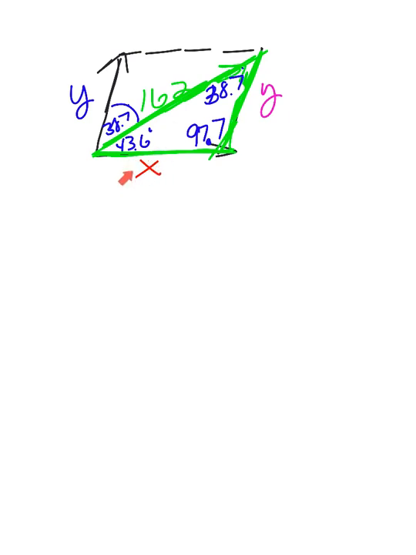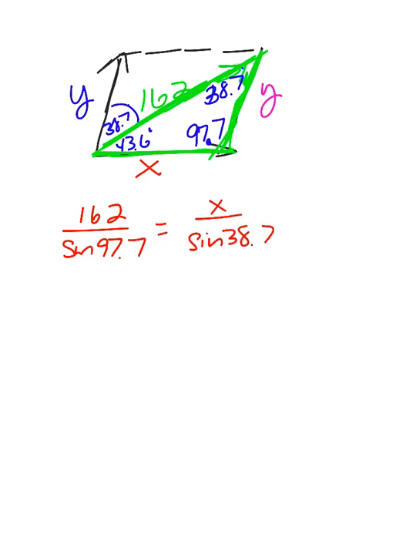I'm going to start with x. I'm looking for the side, I have the angle opposite. I have side 162 and I have the angle opposite. So that is law of sines. That's going to be 162 over sine 97.7 equals x over sine 38.7. Cross multiply, I get x sine 97.7 equals 162 sine 38.7.